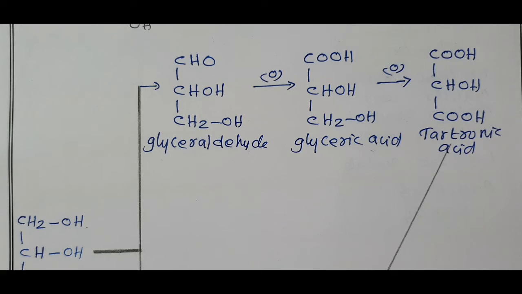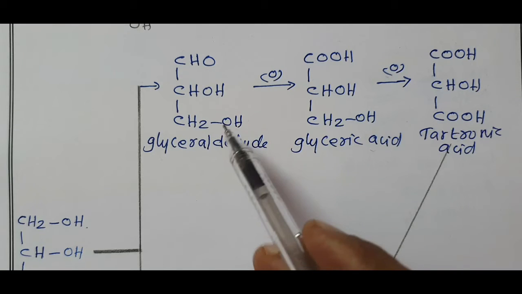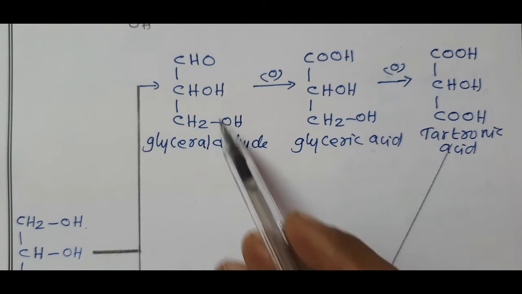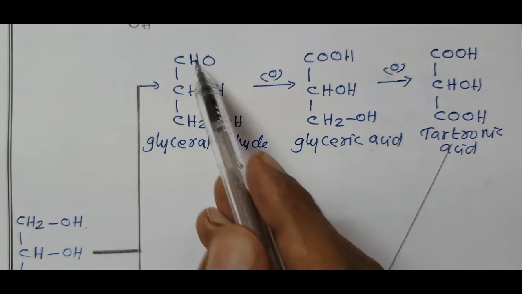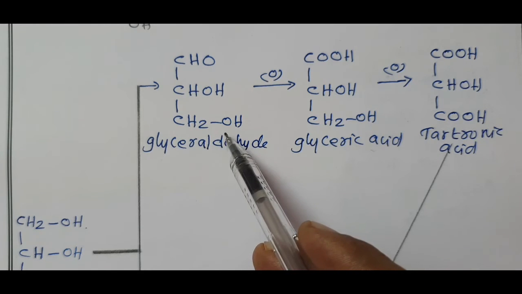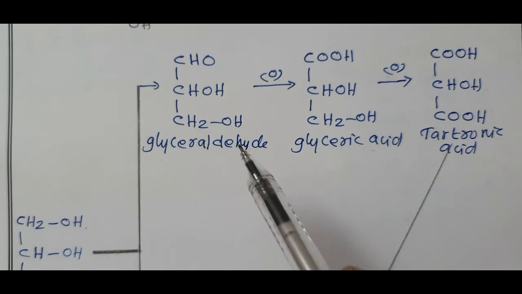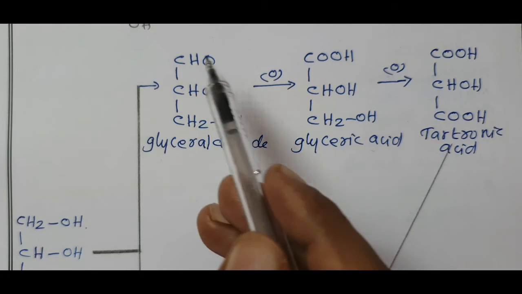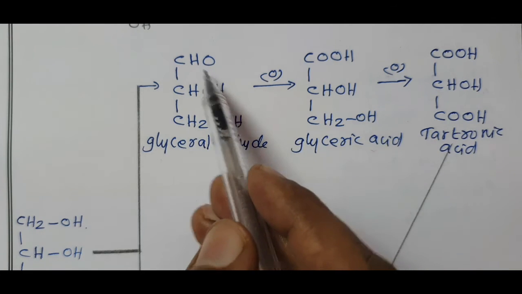Now we are going to write the IUPAC names. Glyceraldehyde contains two types of functional group. One is aldehyde, another one is alcoholic functional group. If aldehyde and alcoholic functional groups are present in a compound, the first preference is given to aldehyde. So this comes as suffix.